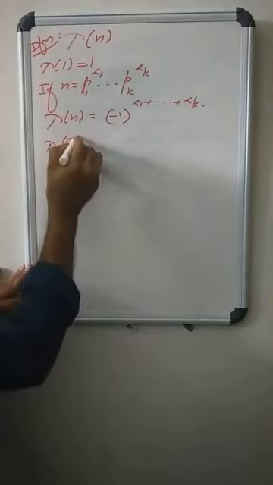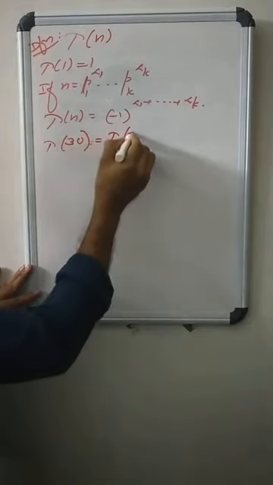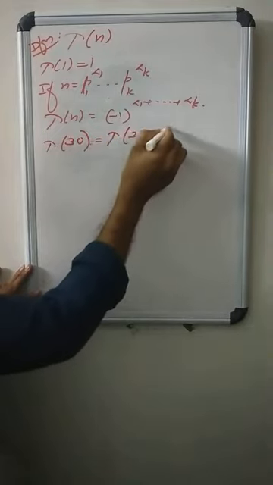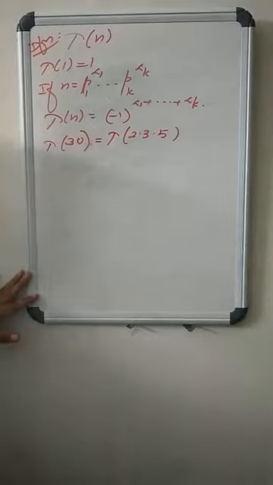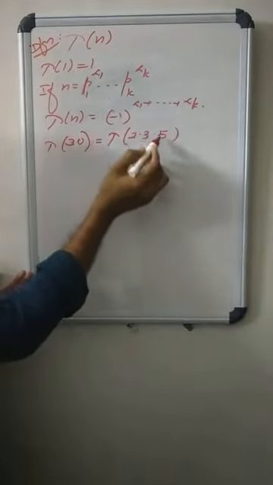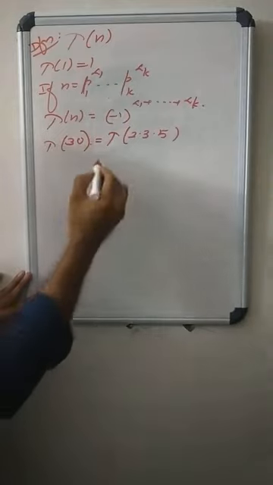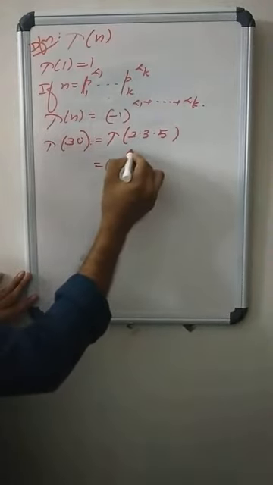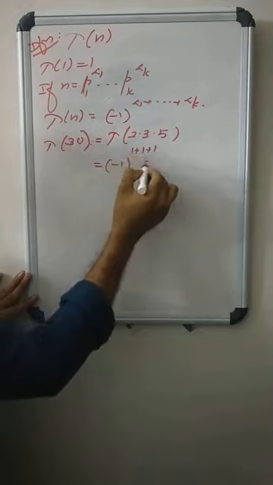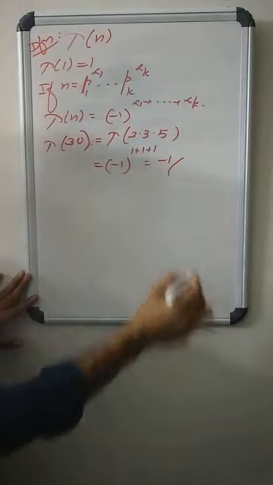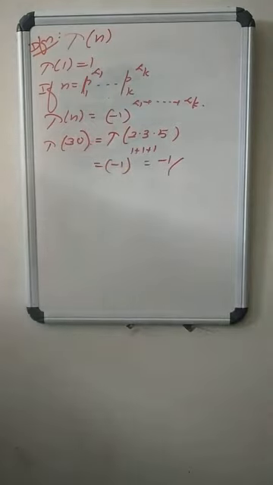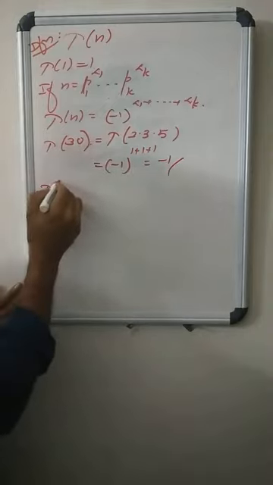What is 30? 30 is 2 into 3 into 5, means 2 power 1, 3 power 1, 5 power 1. Agreed? So it is minus 1 power 1 plus 1 plus 1, equals minus 1 cubed, which means minus 1.